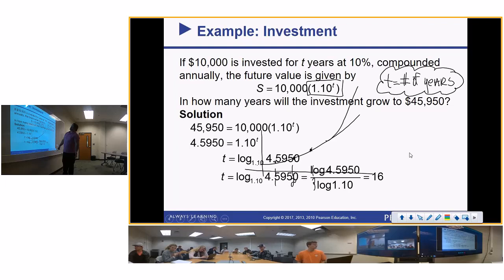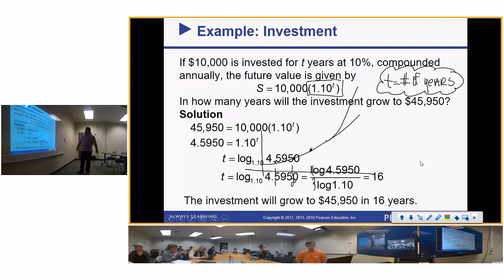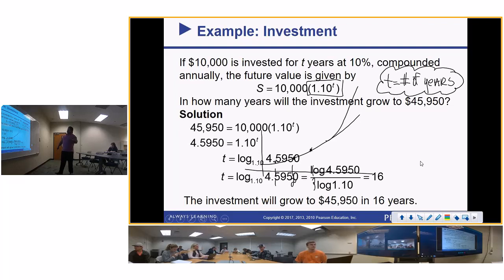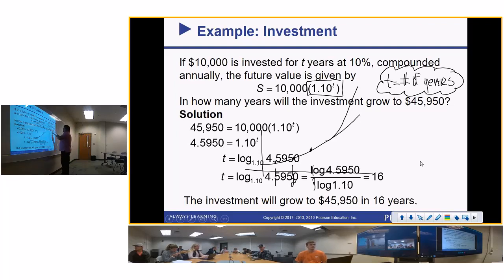Okay, they're doing the definition of a logarithm. You can do it that way also. You're still going to get the same function. And if you graph the function and they want you to know how many years, you can look at the y and find the y, or you can set y equal.